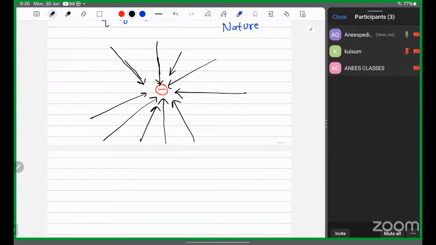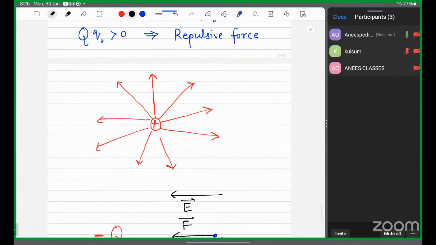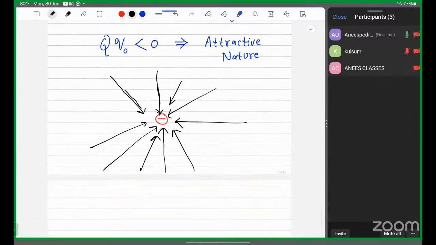Understood, or any doubt? In simple words, a positive charge will emerge the electric field lines, which are given by arrows in this case, or the electric field is outward from the positive charge and the electric field is towards the negative charge.